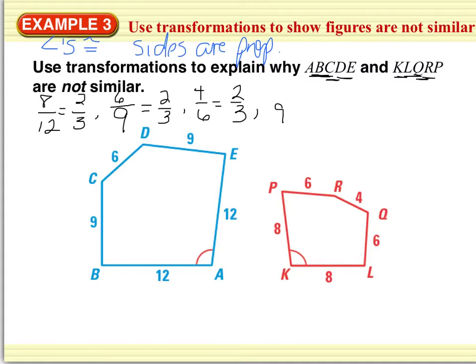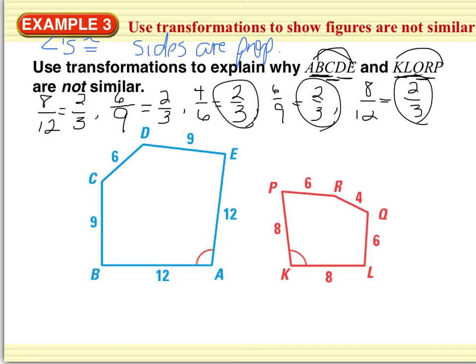DE is 9. RP is 6. 2/3. Hey, I see a pattern. AE and KP. AE is 12 and KP is 8, which is again, surprise, surprise, 2/3. So these sides are all proportional, so you may think it is similar.